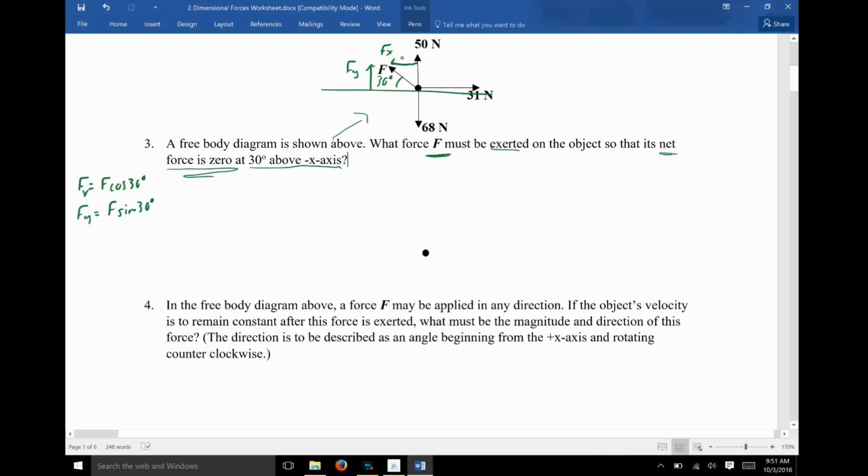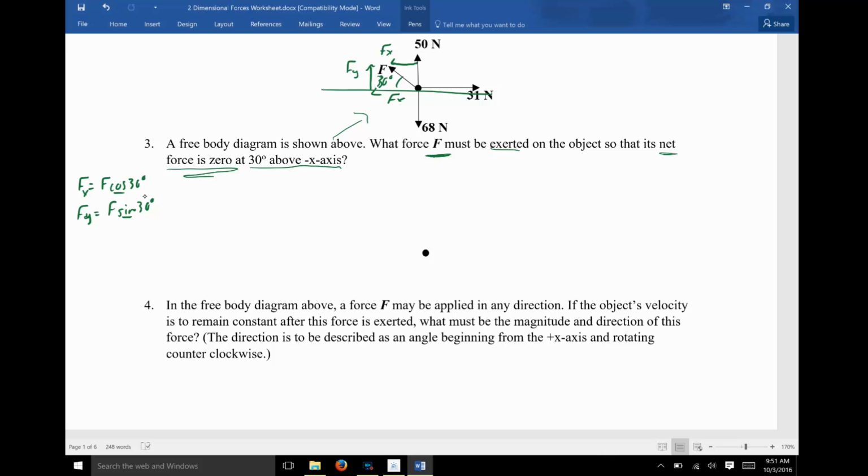For that reason, this angle of 30 degrees is adjacent to F sub x, and F sub y is opposite to the angle of 30. So for F sub y we use sine, and for F sub x we use cosine. You always start off by breaking up the two-dimensional vectors into their components.